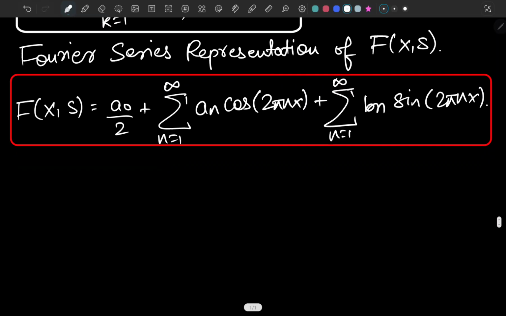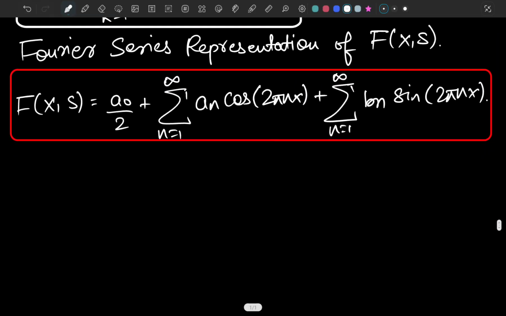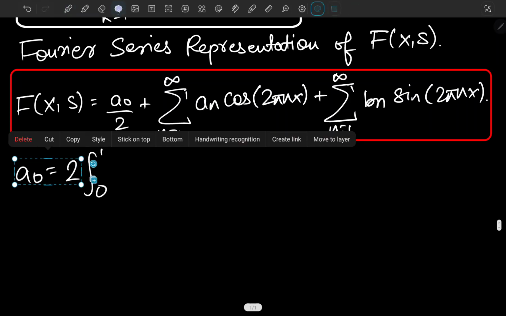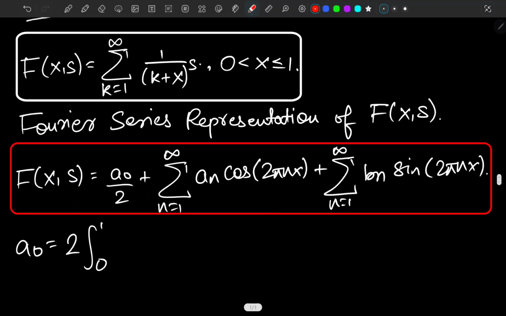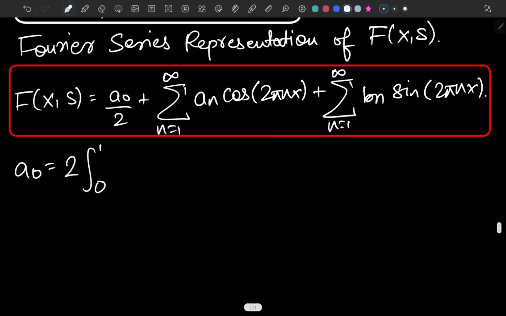And if we talk about the coefficients, a naught is 2 times the integral from 0 to 1, the bounds which we have given earlier, of F of x comma s. Basically you have to integrate the function in order to find a naught, after multiplying by some factor.